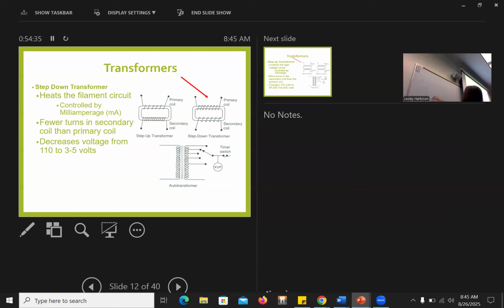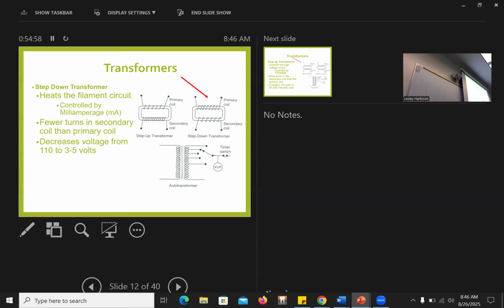So it's this one over here. In all functionality, it's reducing the voltage from 110 to 3 to 5 volts. And this is showing what I was drawing on the board: the iron core of the transformer, and the coils wrapped around it.